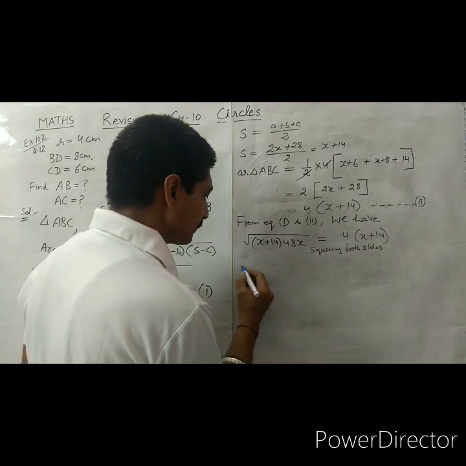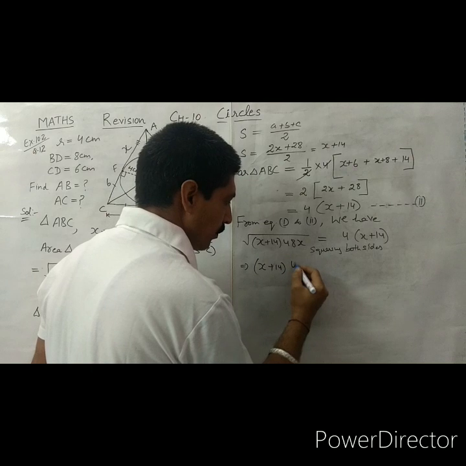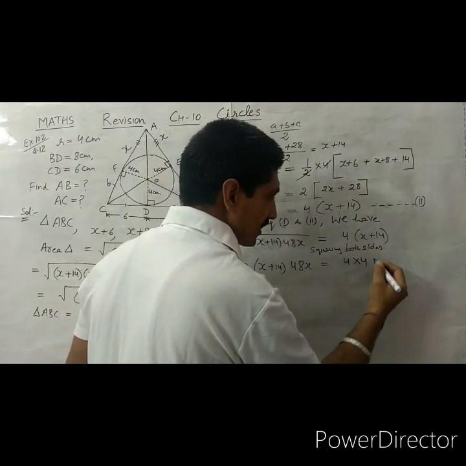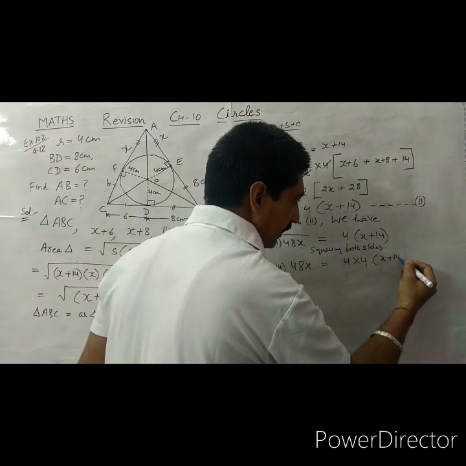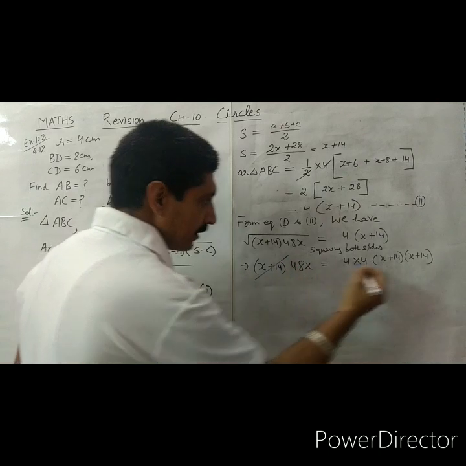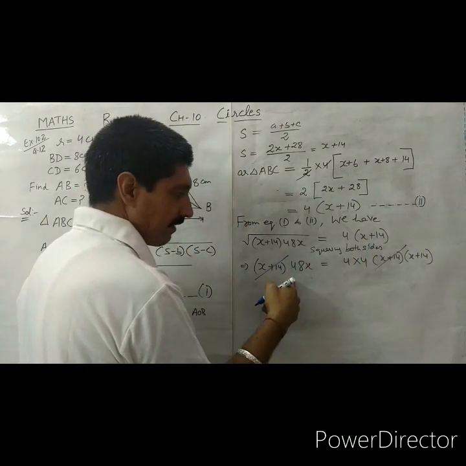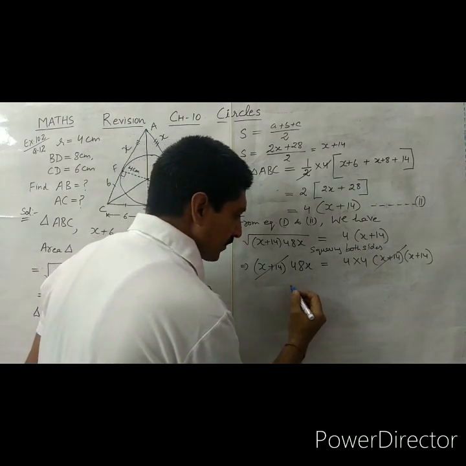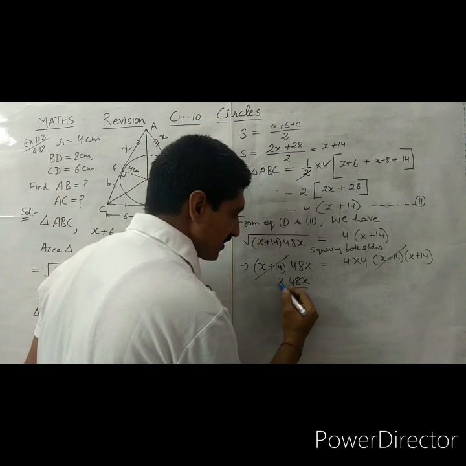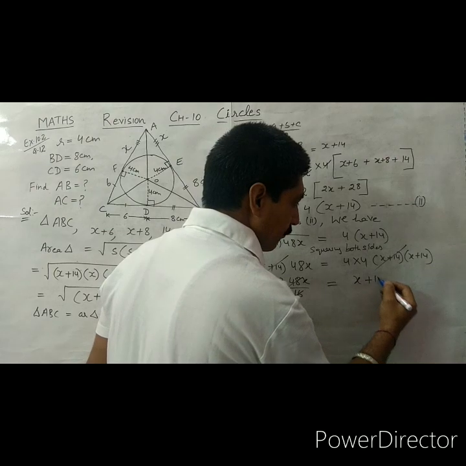We'll get x plus 14 into 48x is equal to, when we square, 4 into 4 is 16, and x plus 14 into x plus 14 here. So 1 get cancelled, 16 divide this side. So here it is 48x upon 16. 16 ones are 16. This is 3x is equal to, so x plus 14 here.